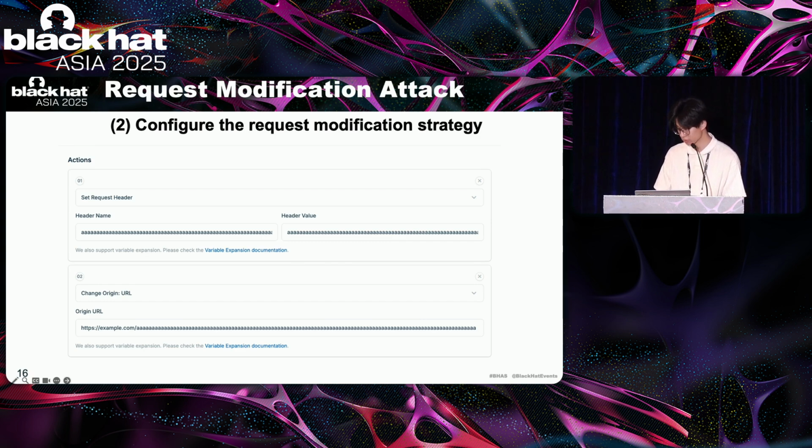Specifically, he instructs the CDN to append a large number of oversized HTTP headers to the forwarding request and rewrite the original URL into an excessively long one. You can see in the figure, the attacker adds a very large A HTTP header and changes the root URL into a long string of A's.